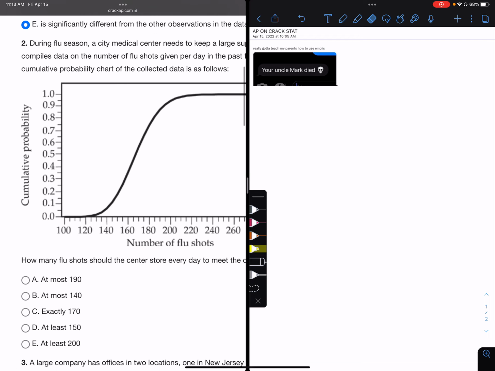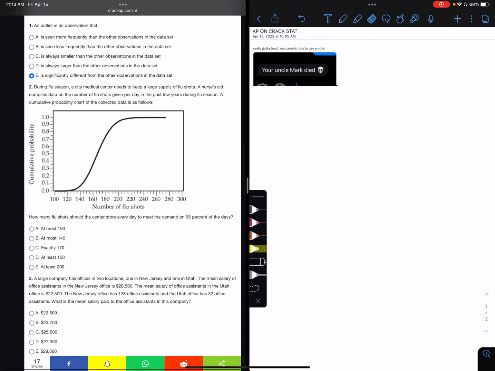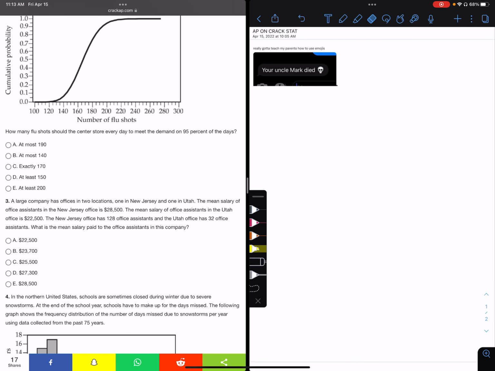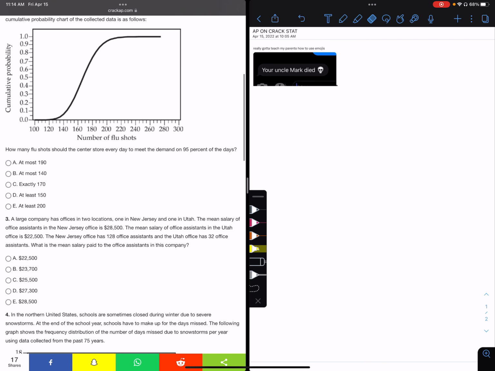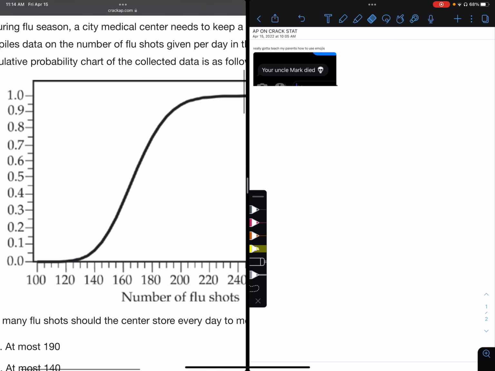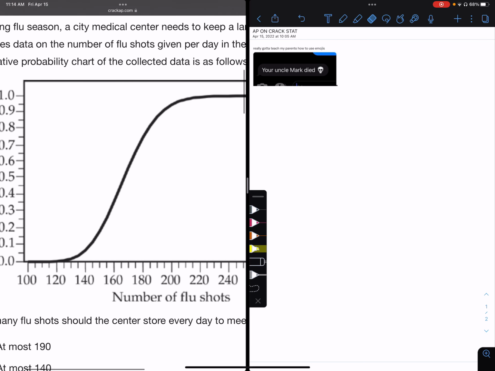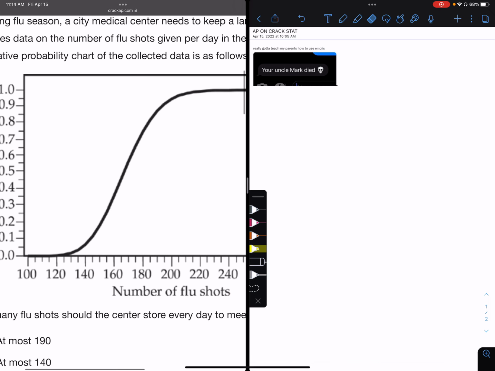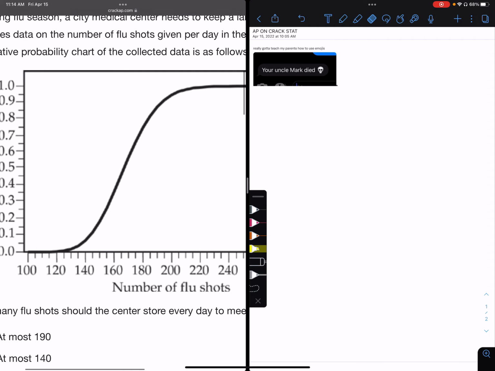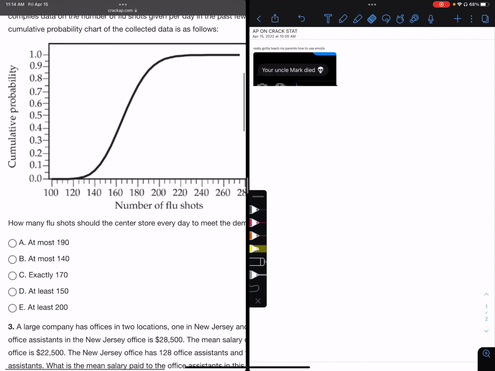It says cumulative. How many flu shots should the center store every day to meet 95% of demand? So 95% is here, and then you follow this down. Looks like 190.